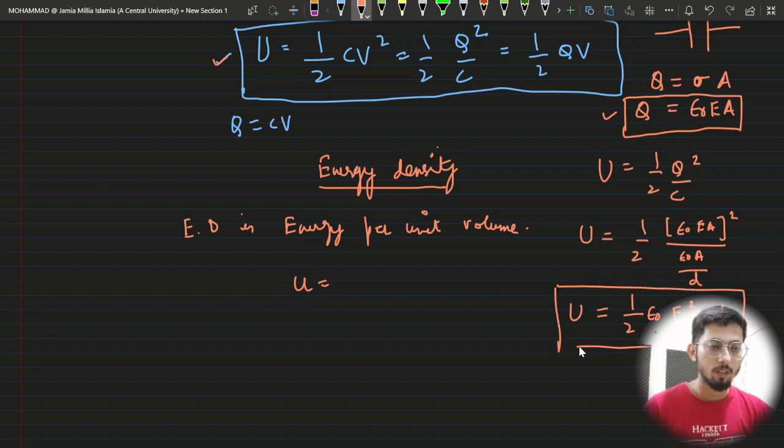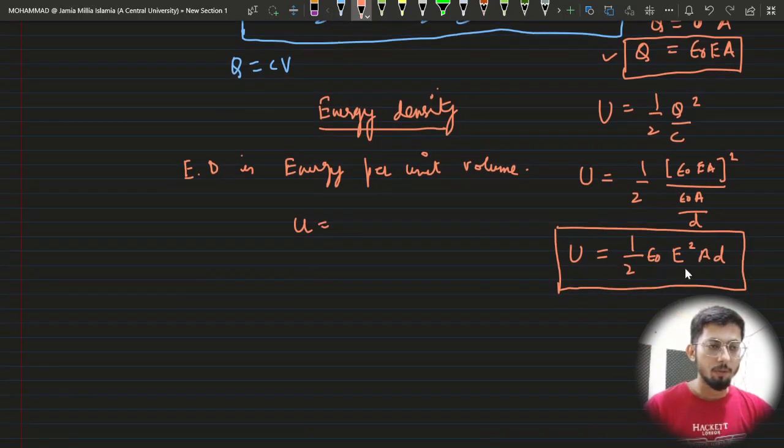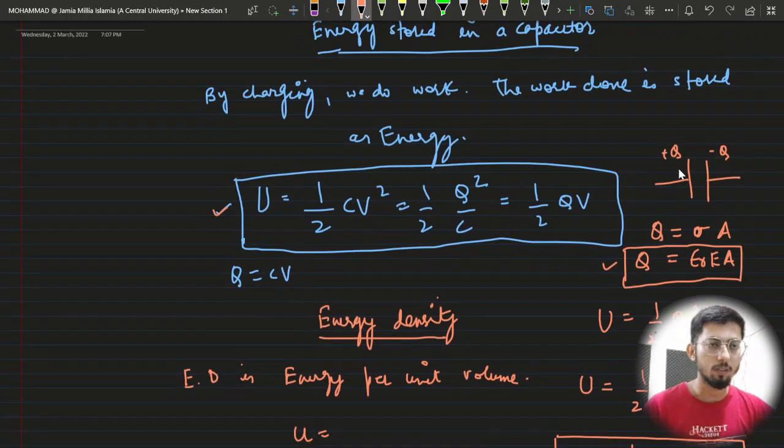We are still talking about the energy, but if you take this thing, which is A into d, what is A into d? d is the distance, A is the area, and volume is area multiplied by the third dimension, or you can say area into height is the volume.